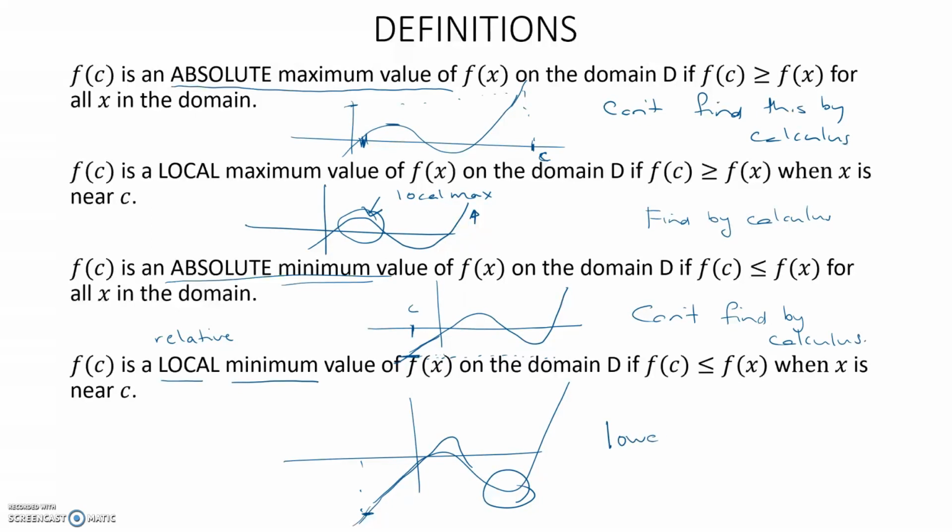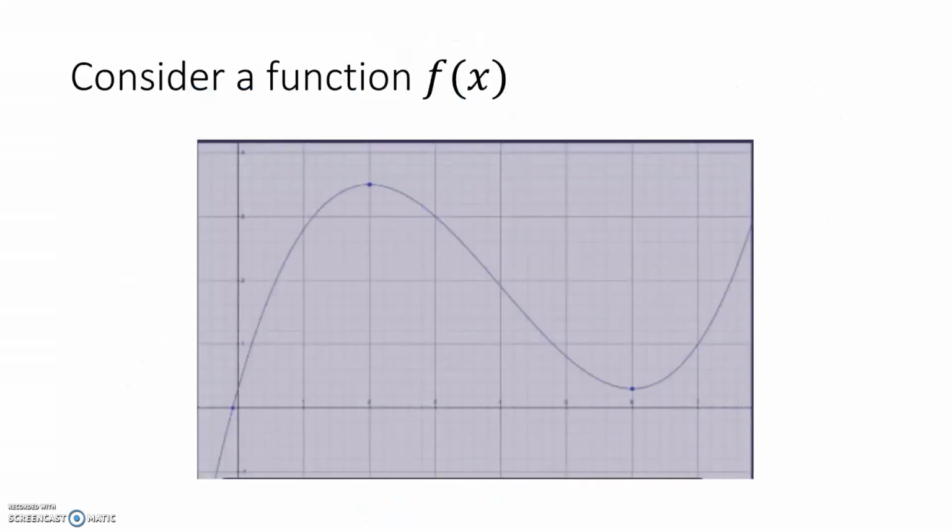So it's the lowest y value in the neighbourhood. And remember, these are referring to the y values, or the f of x. Okay, not the x, but the f of x.